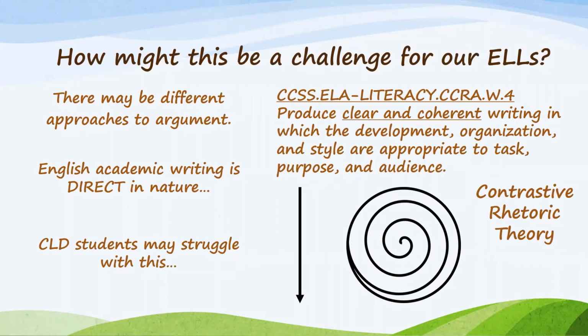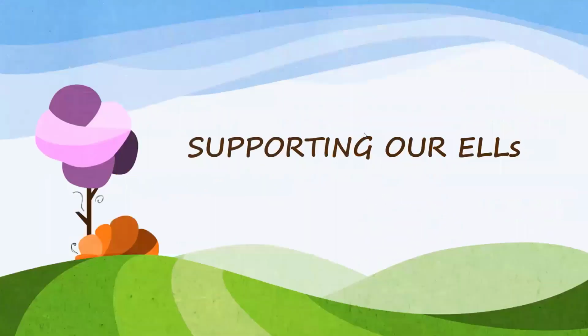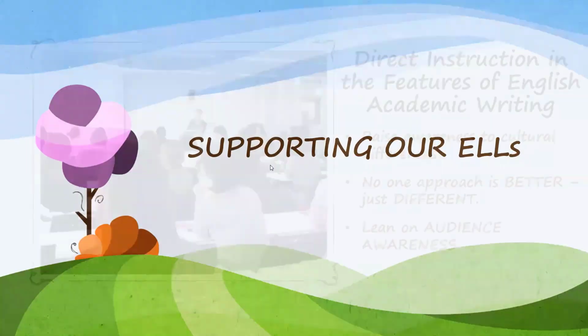Similarly, in Korean culture, if you're writing for a teacher, you want to show them what you know, but you don't want to be too direct because you're supposed to show a certain amount of respect for an older teacher. So it may not be culturally acceptable to be very direct as you're supposed to be in English academic writing.